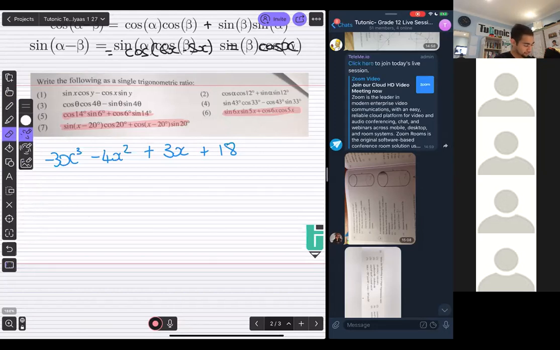Okay, I got one. 2x cubed plus 2x squared minus 7x plus 3.